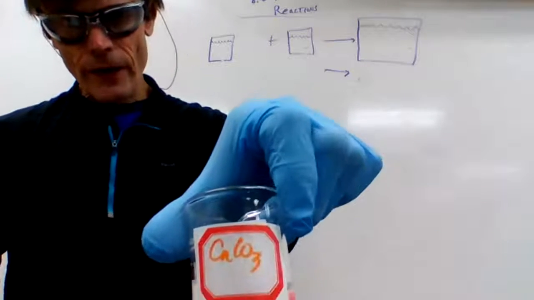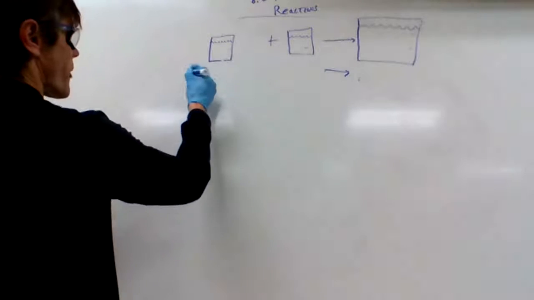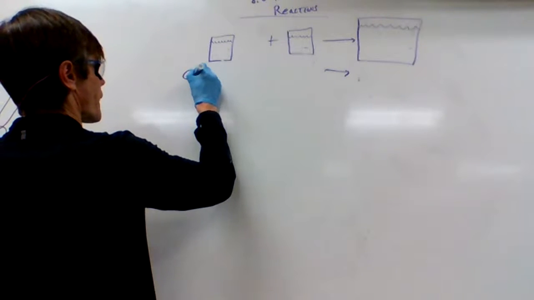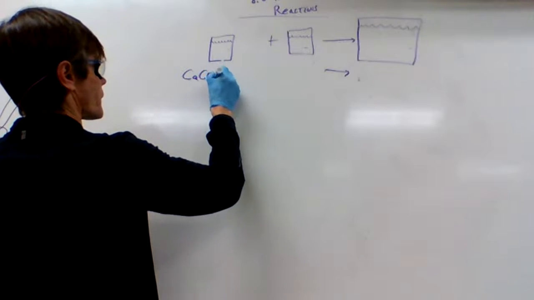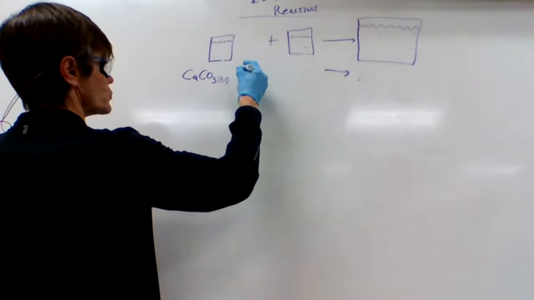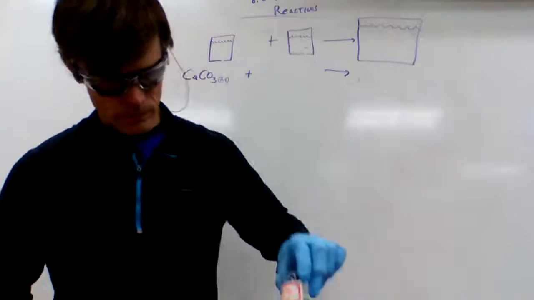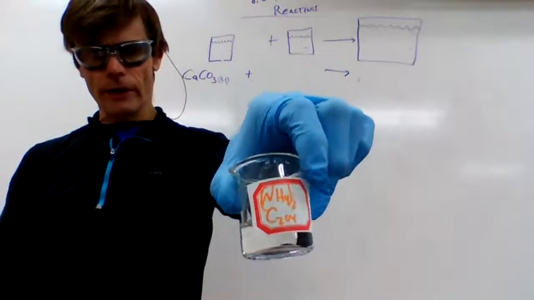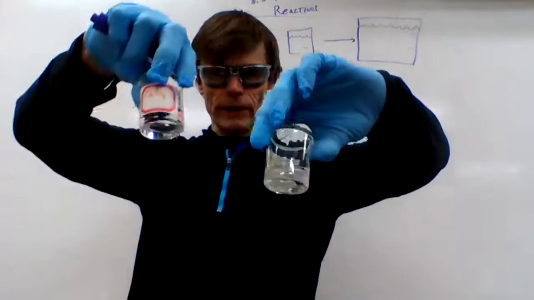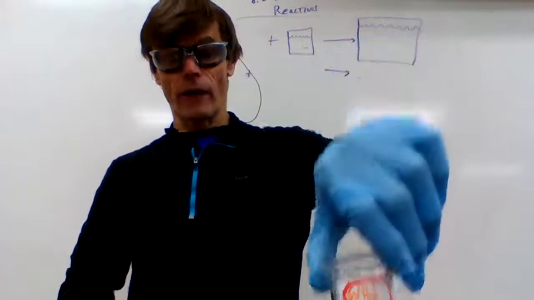If you can't read that, that's calcium carbonate. Calcium carbonate is in an aqueous solution, and we're going to add that to ammonium oxalate. Notice both of them are pretty clear. They don't look like anything's happening. That's ammonium oxalate. I'll write down its formula.